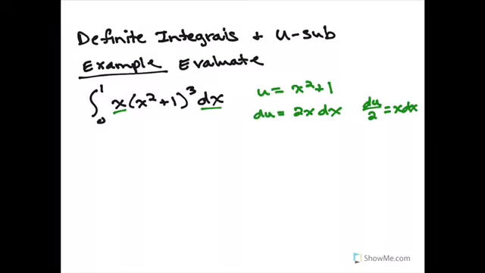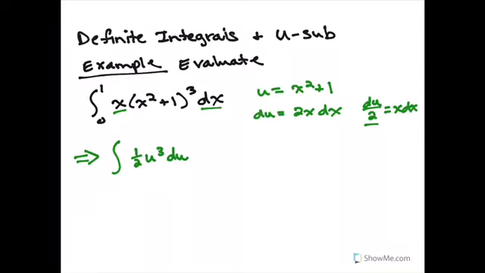So my problem becomes, notice I'm not using an equal sign here, because I'm separating out my work. It's going to become the integral of 1/2 u cubed du. Right? That 1/2 is from my du over 2 over here.